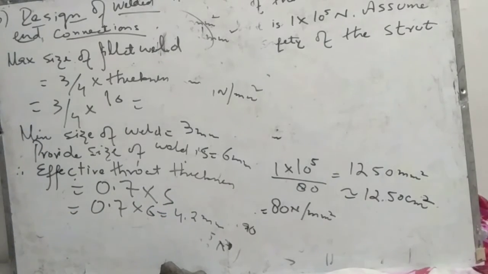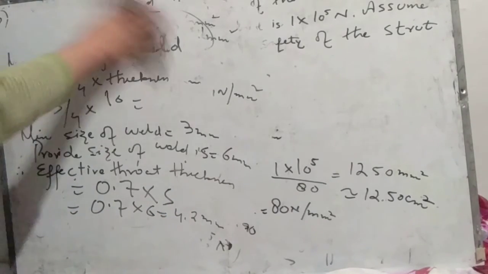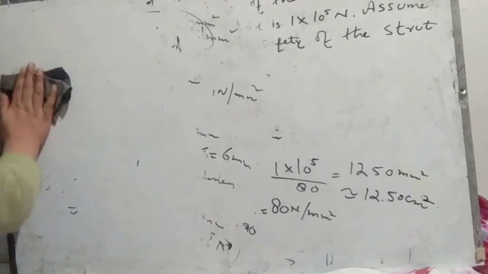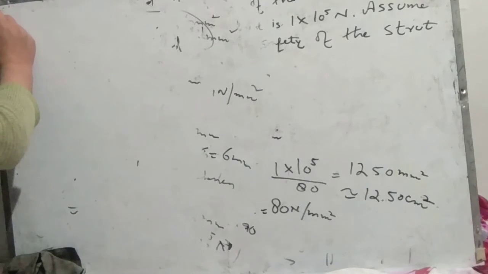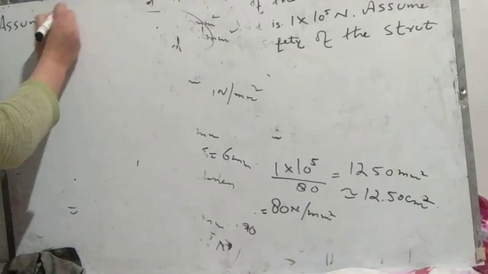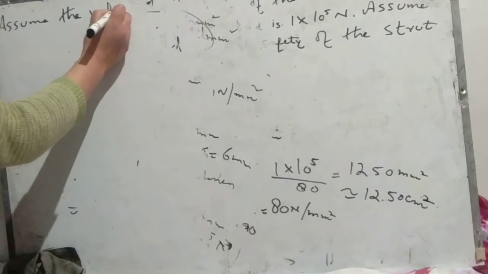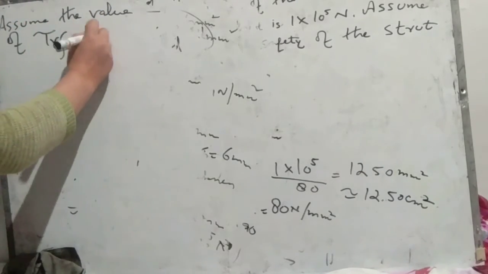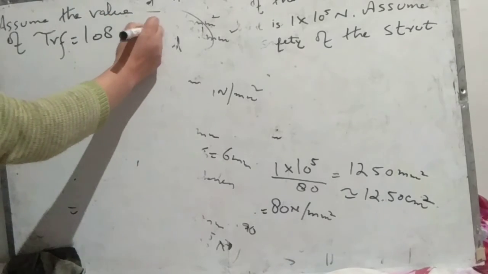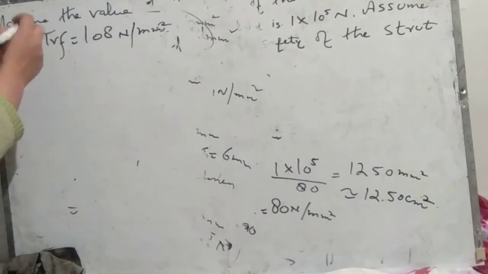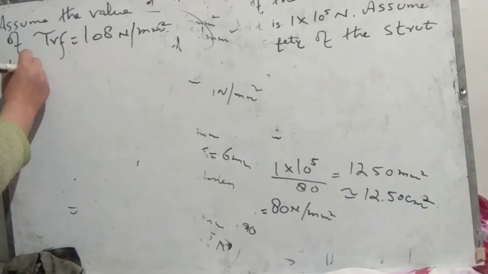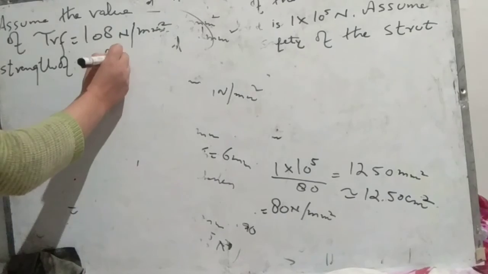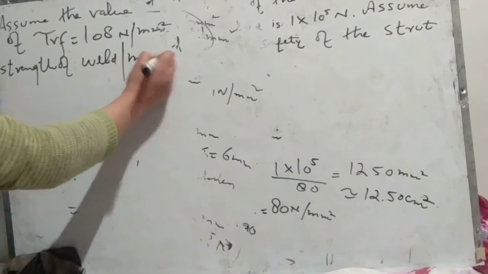Right? Now you have to assume the value of shear stress for welded connection. This value you also have to remember. Assume the value of shear stress as 108 Newton per mm square for welded connections. Now you have to determine the strength of weld per mm length.